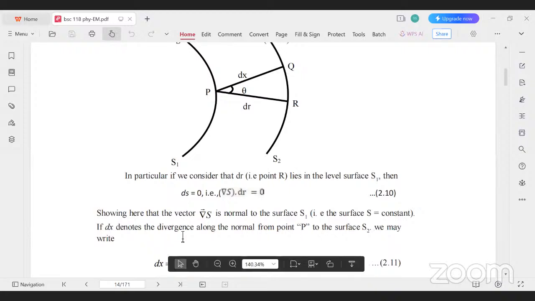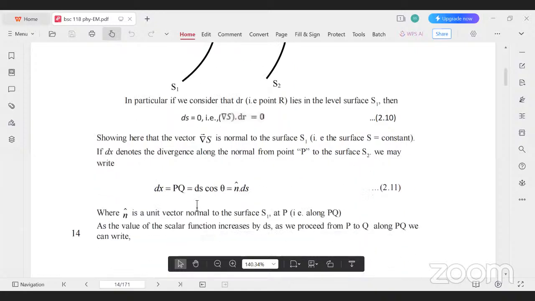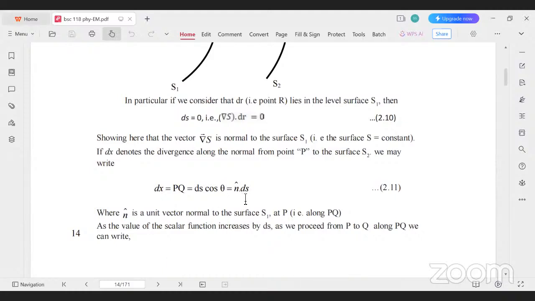If dn denotes the displacement along the normal from point P to the surface S2, we may write this as dn is equal to PQ, that is equal to ds cos theta, that is equal to n cap dot ds, where n cap is a unit vector normal to the surface S1 at P, that is along PQ.